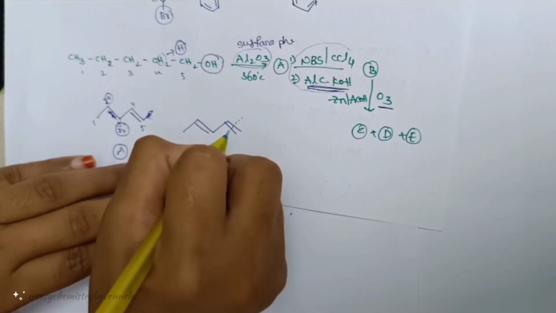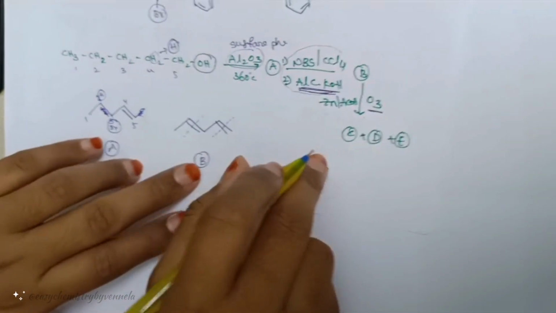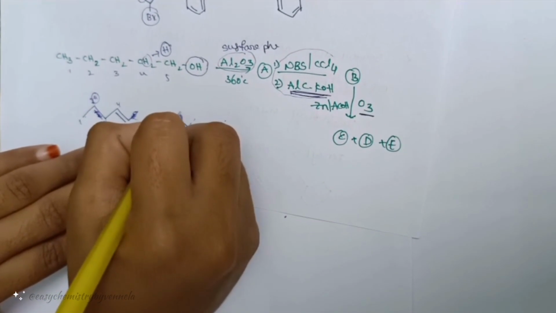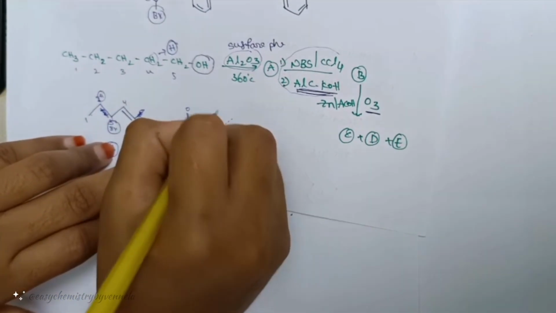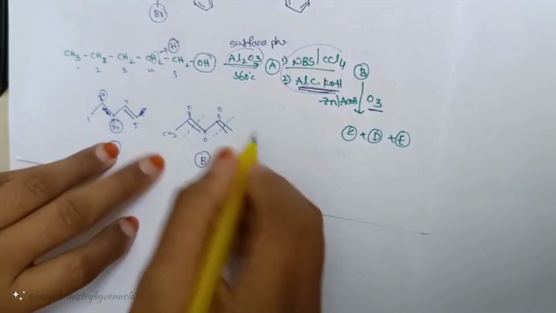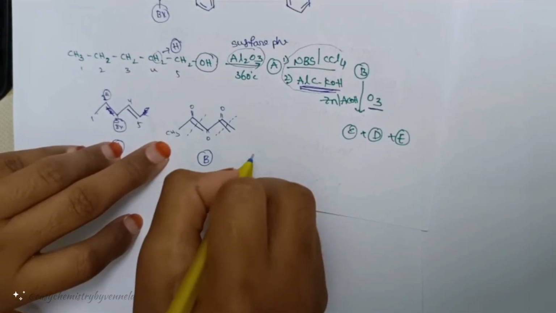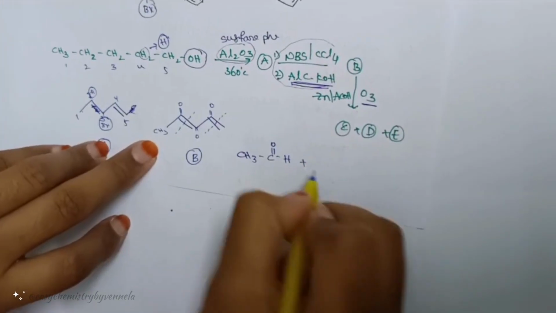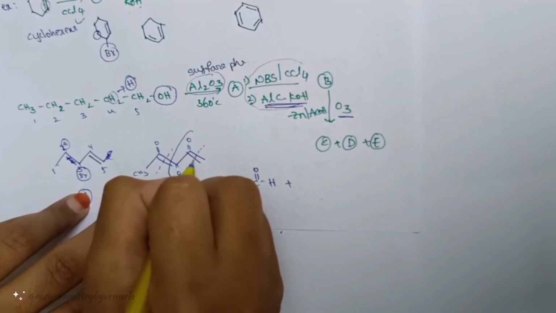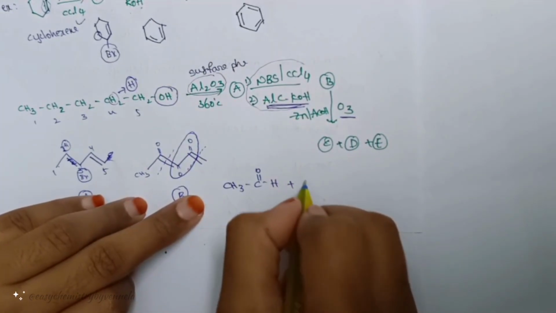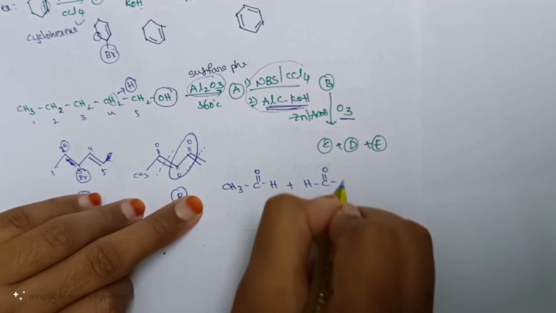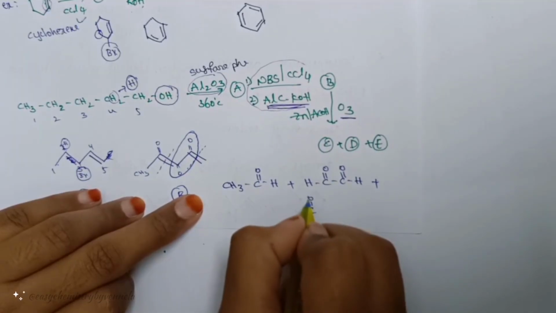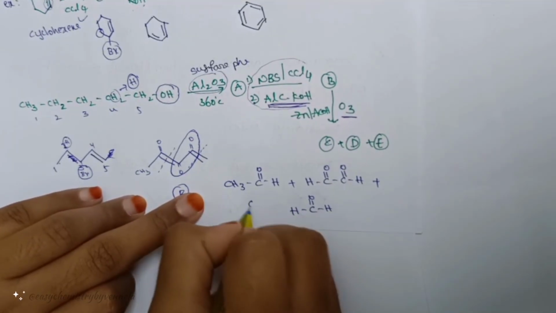After this, ozonolysis means cleavage of both double bonds. Here CH3, here carbonyl compound, here double bond O. So CH3CHO plus this is glyoxal plus finally formaldehyde.